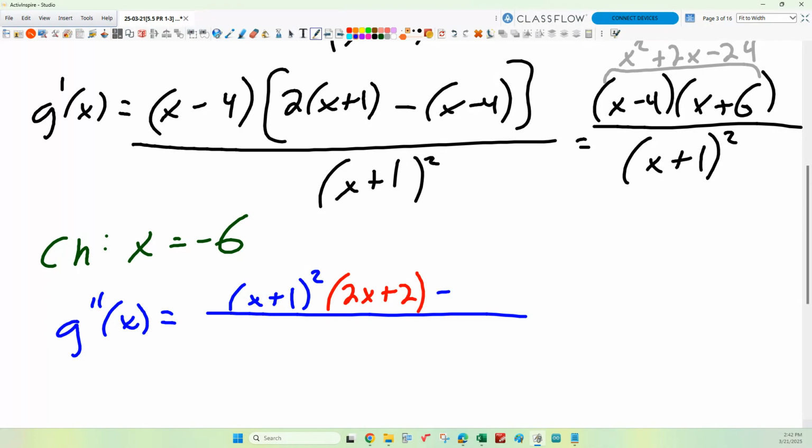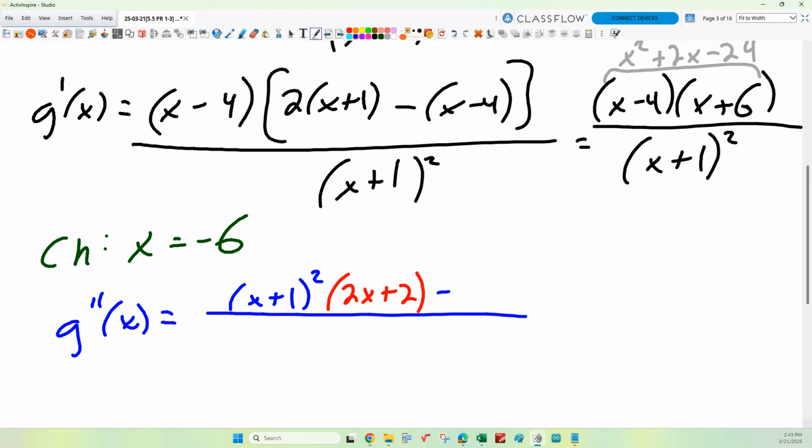Minus high. Now this time, do we want to? I don't think we have any factors over here. We don't have any x minus 4s or x plus 6s. Everybody get that? So there's no reason for us to leave this factored when we do high d low, because we're not going to be able to factor any of that stuff out anyway.